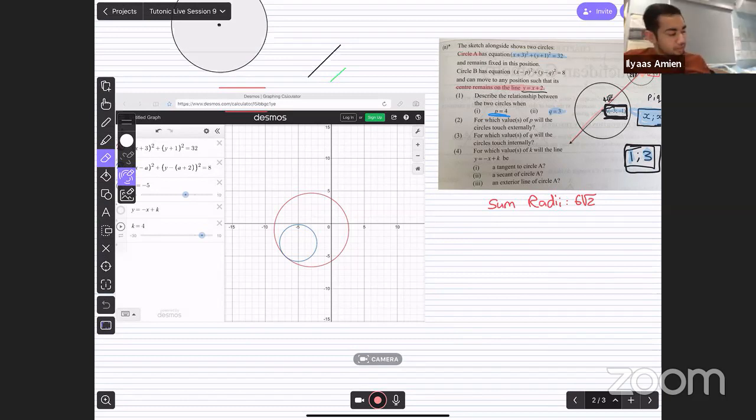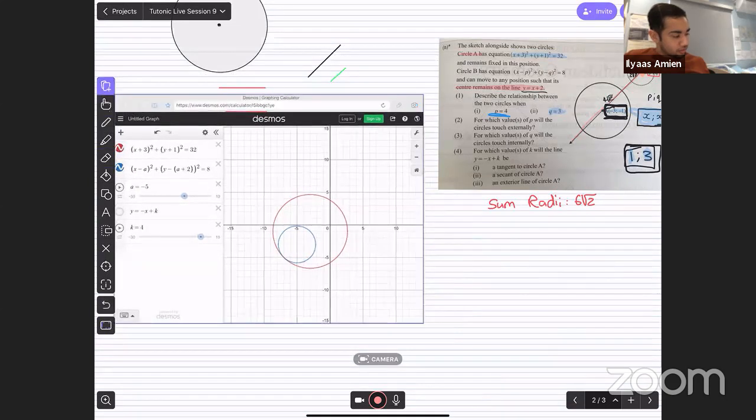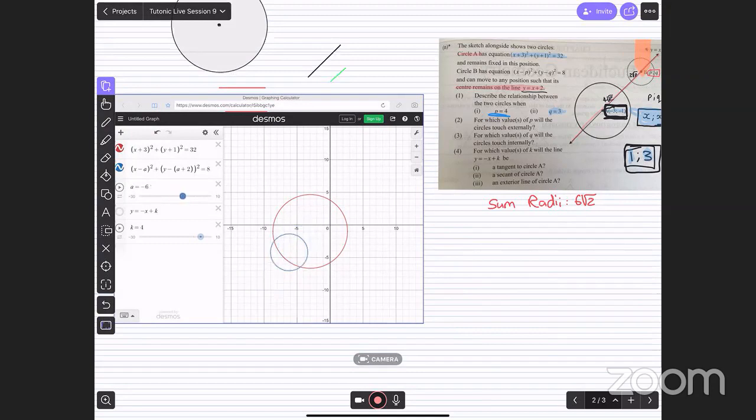Yeah, so remember that the circles don't have to touch internally for that to be true, because you could have a circle that does this, it can do this, and it still won't touch internally, but it will be inside the circle. You get what I'm saying here? Oh, I see. Yes, yes.